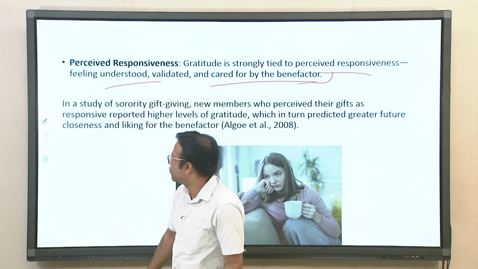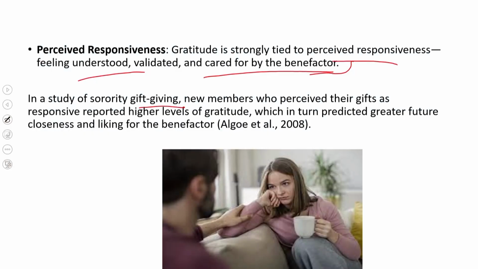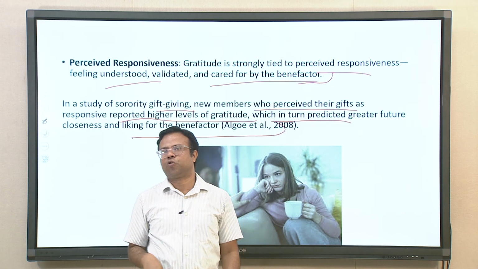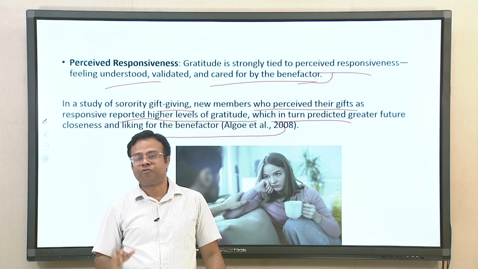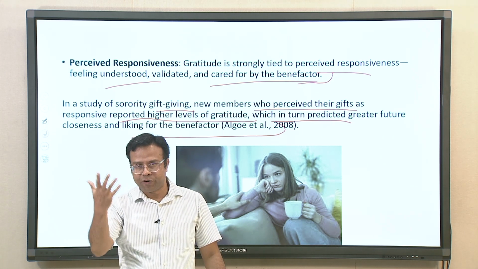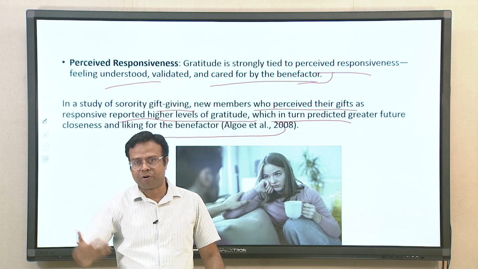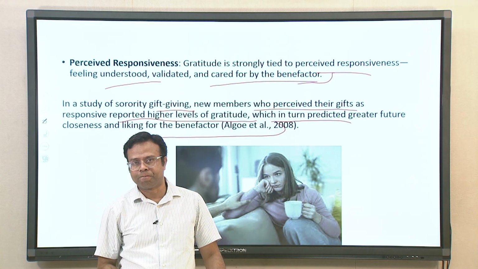For example, in a study of sorority gift giving, new members who perceived their gifts as responsive reported higher levels of gratitude, which in turn predicted greater future closeness and liking for the benefactor. These empirical studies clearly show the benefit of experiencing gratitude in a relationship context and how it promotes bonding and well-being.